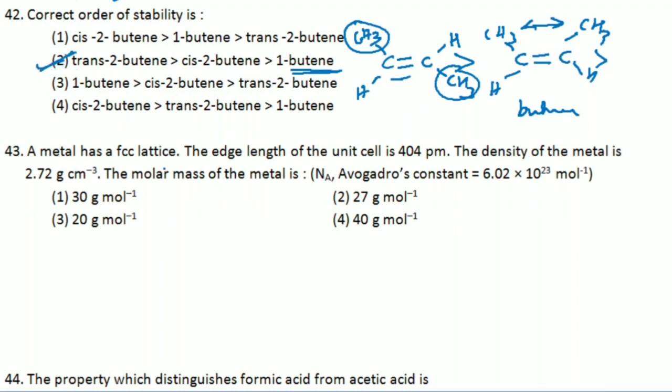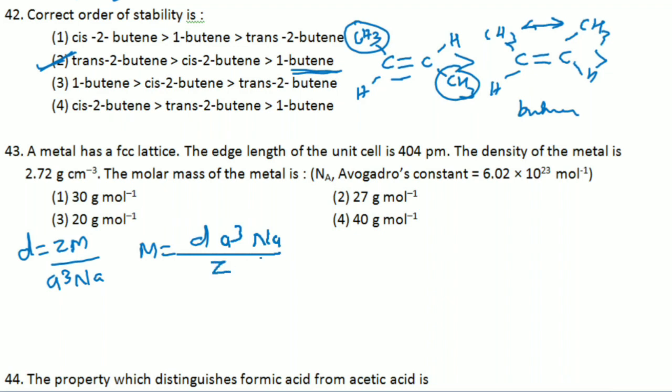43. A metal has an FCC lattice, edge length they have given, density they have given, molar mass they are asking. So density is equal to Z M divided by a cube into Na. I want the molar mass. Molar mass is equal to density into a cube into Na divided by Z. Substitute density: 2.7 they have given, so 2.7 into a cube. a is given as 404, so I will write it as 4.04 into 10 to the power 2 picometer, converted into meter, 10 to the power minus 10.